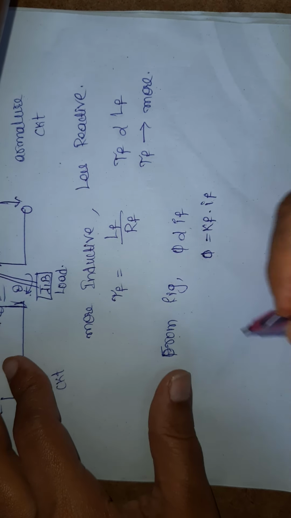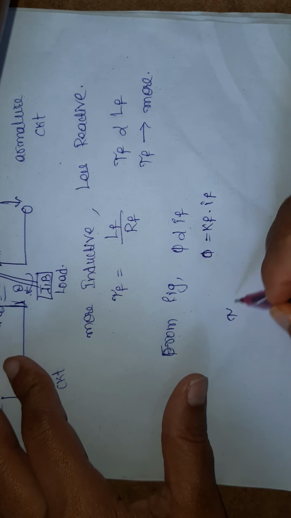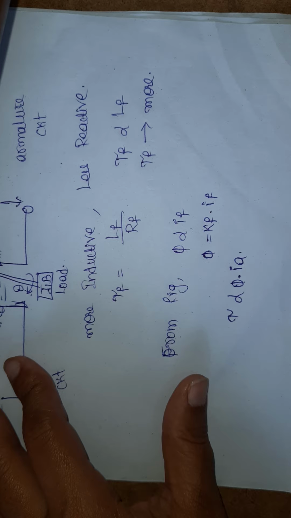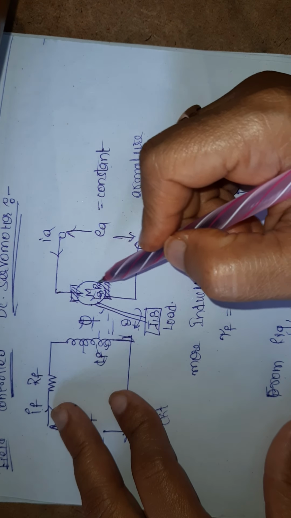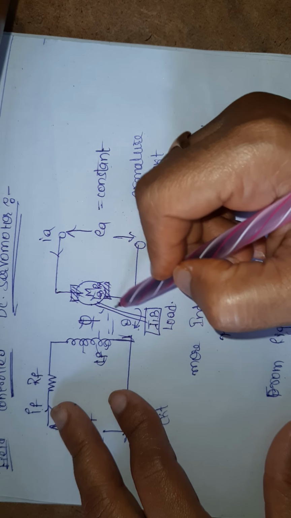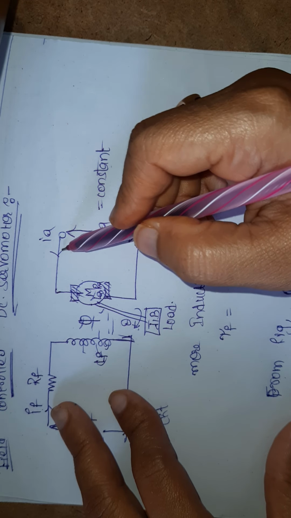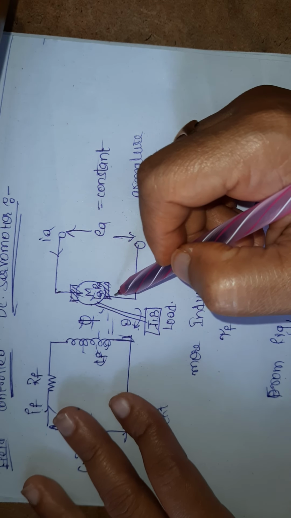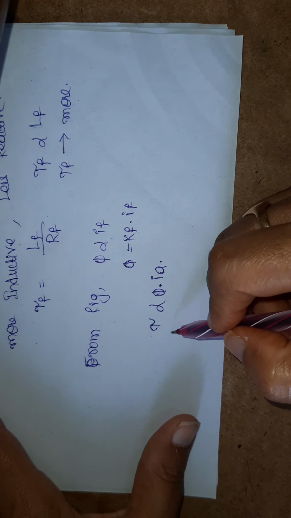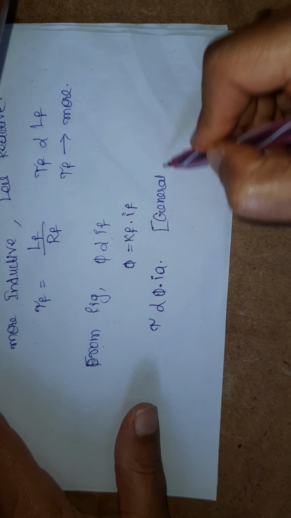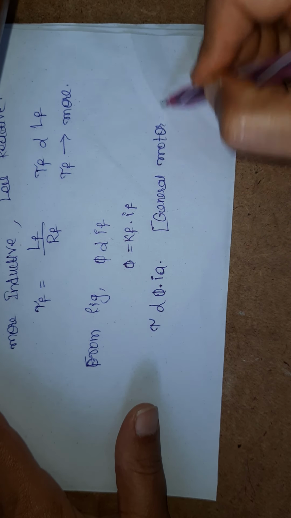Next, the general motor equation: torque tau is directly proportional to the multiplication of phi into IA. Torque produced in a motor is directly proportional to the flux generated multiplied with IA. These are the equations we already read in armature control.